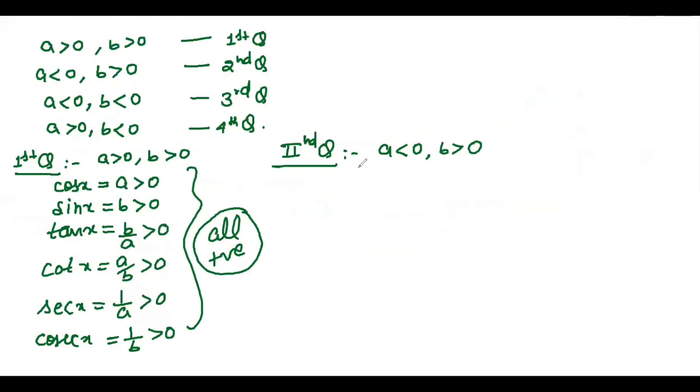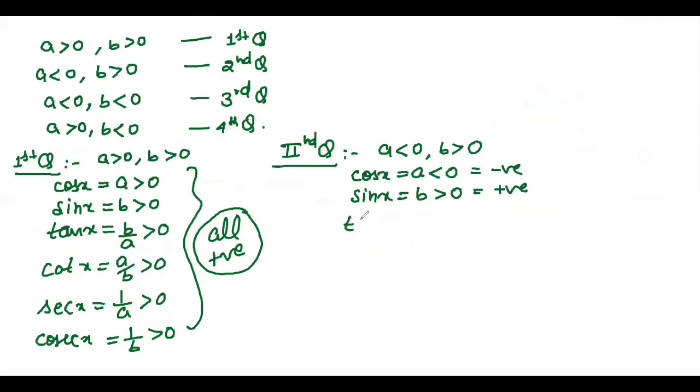So according to that, cos x is a, that is less than 0, means negative. And sin x is b, that is greater than 0, means positive.